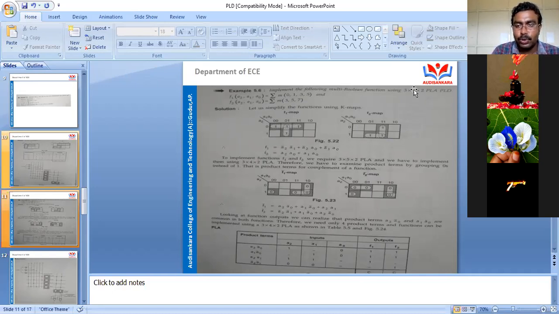They're asking us to use only 4 product terms, but here you get 5 different individual product terms: A2 bar A1 bar, A2 bar A0, A1 bar A0, A2 A0, A1 A0. There are no redundant or repeated terms. In the question they are asking only to use 4 product terms, but instead I'm getting 5 product terms.